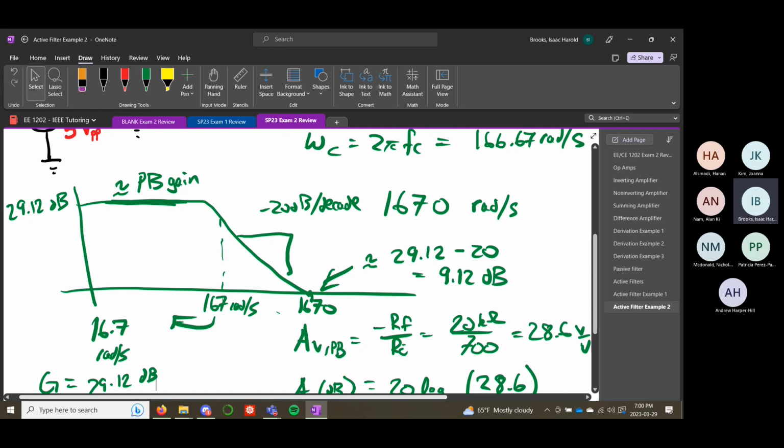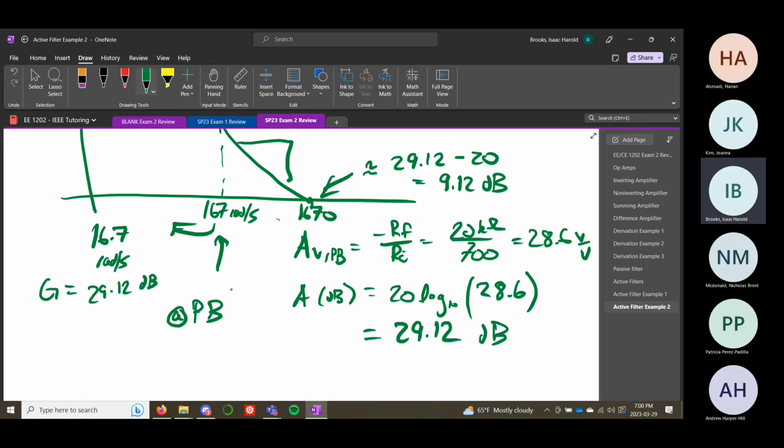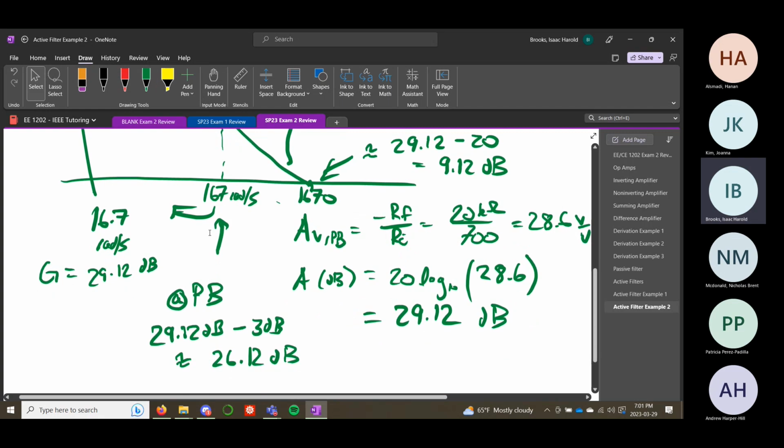And at your cutoff, remember that's our minus 3 dB point. So it would be 29.12 decibels minus 3 decibels, approximately 26.12 decibels.